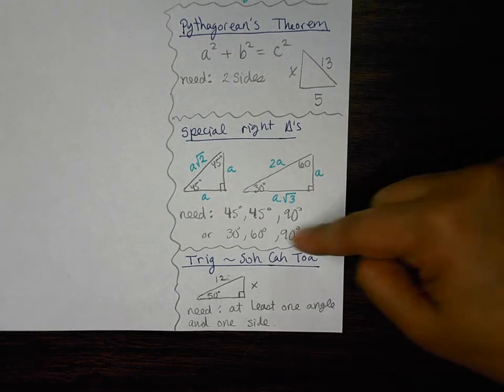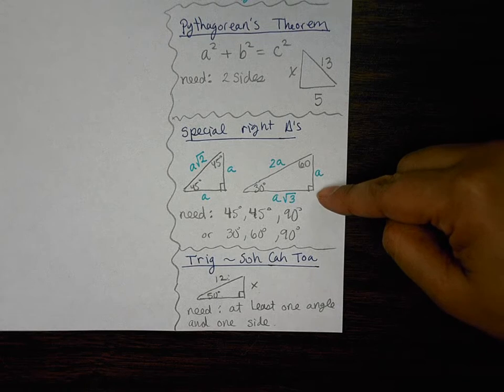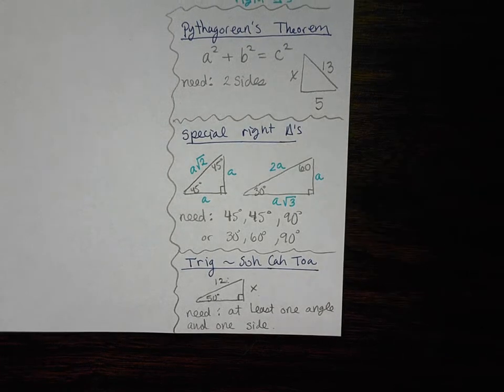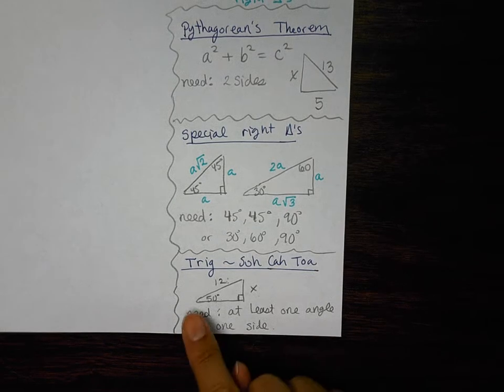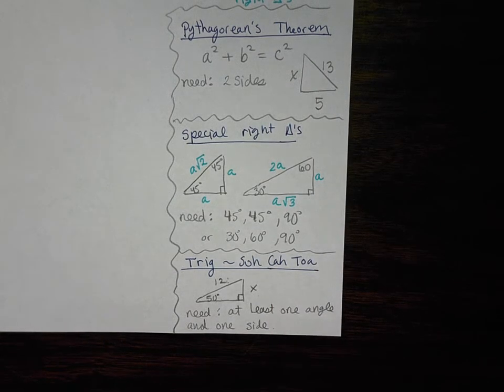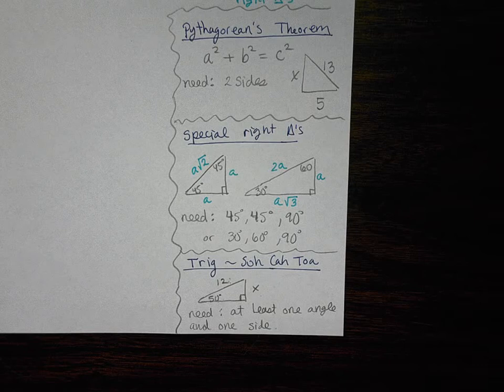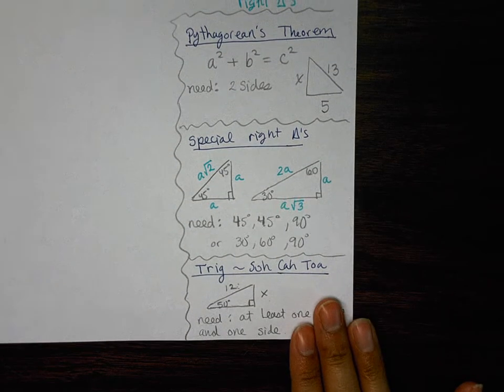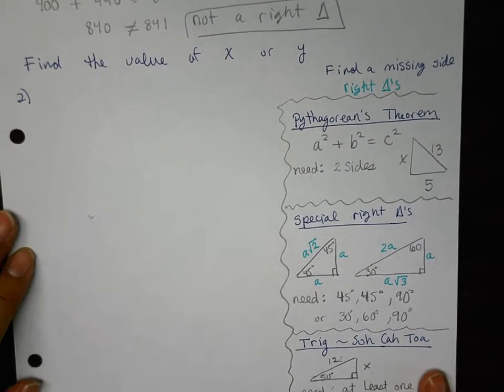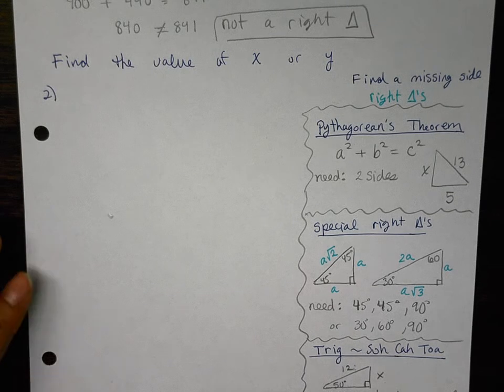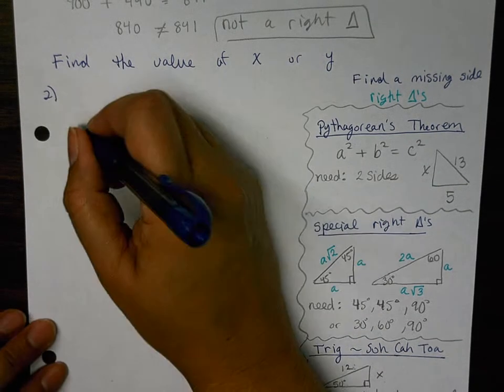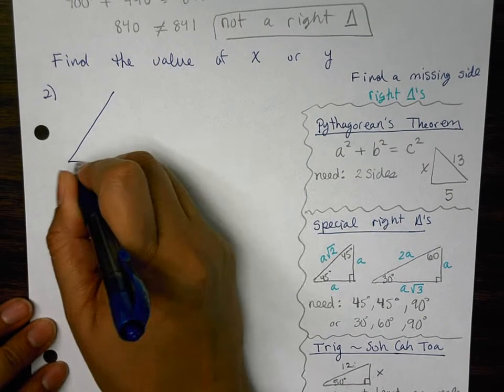Special right triangles. If you have a 45-45-90 or a 30-60-90, use your special right triangles to help you find the missing side. And if you have an angle and one side, use your SOHCAHTOA to find the missing side. Okay, questions? All right, let's try some examples now and figure out which method to use.